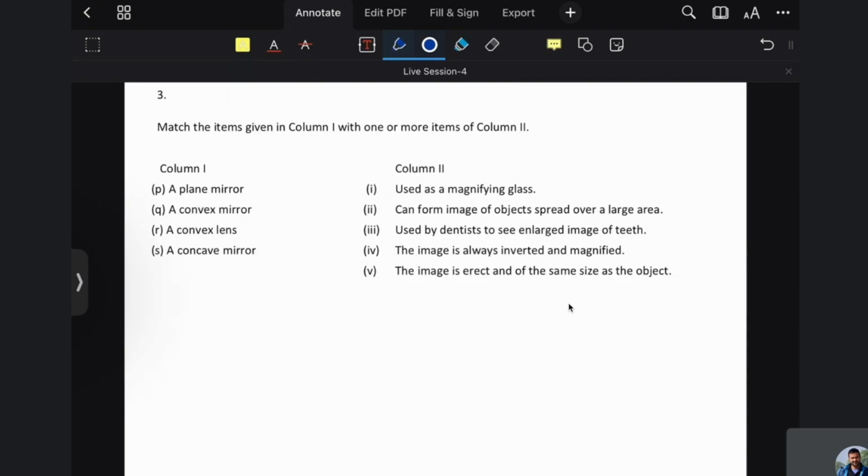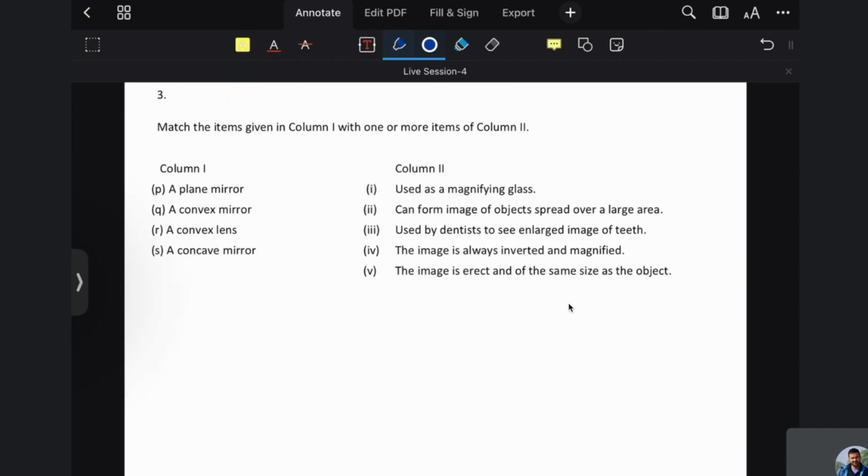Then the options are: used as a magnifying glass, no; can form images of objects spread over a large area, no; used by dentists to see enlarged image of teeth, no; a plane mirror cannot enlarge an object.